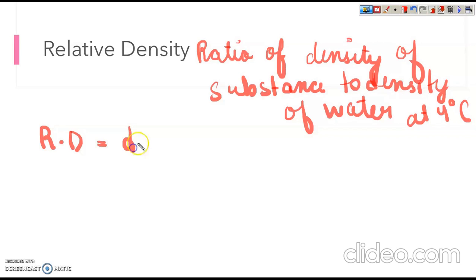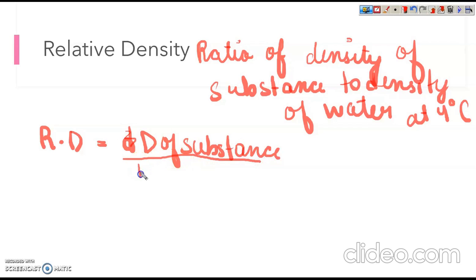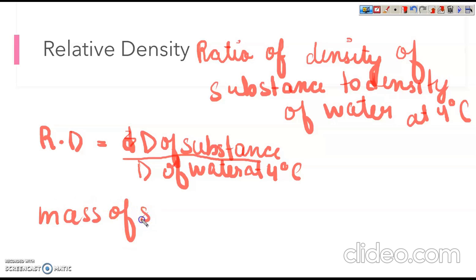I'm writing D for density, D of substance over D of water at 4 degrees Celsius. So it will be relative mass of substance over volume.